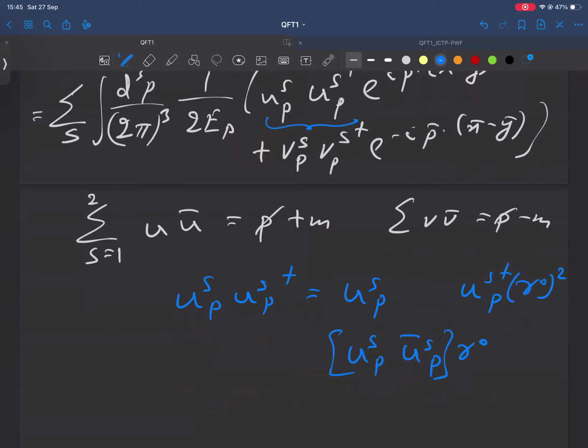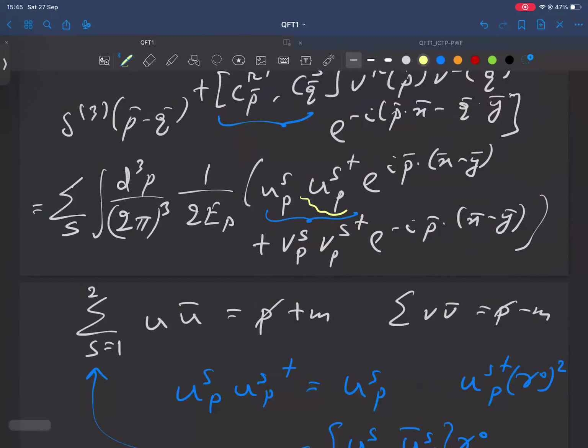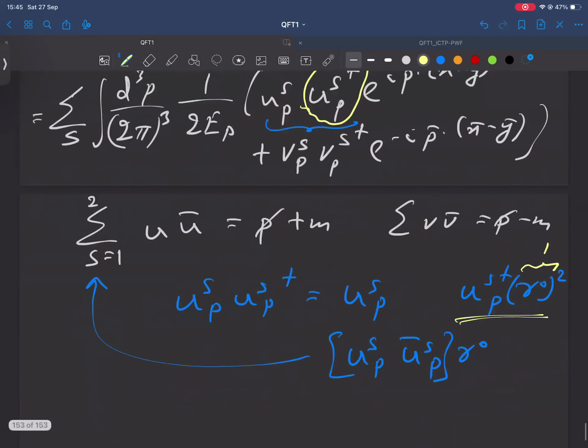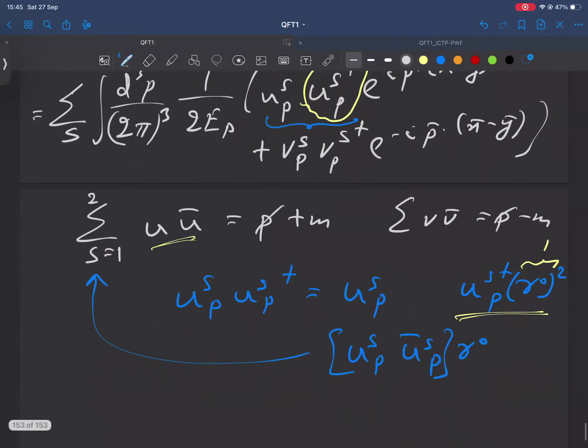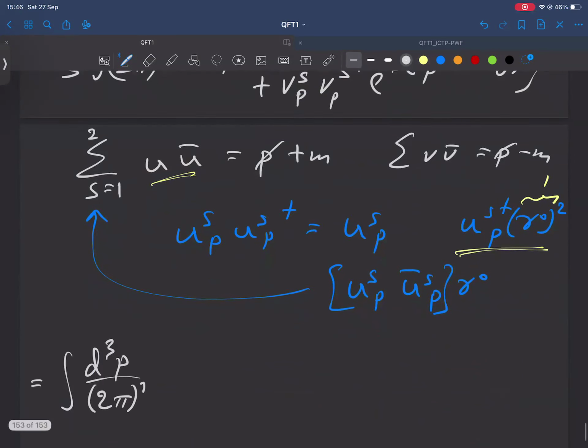And now here you can use these spin sums, okay? So you can go from a Hermitian conjugate to a Dirac conjugate, recall, by multiplying a gamma 0 and using that gamma 0 square is identity. So if you do that, you can write this as U bar and then use the spin sum that we said, something that we won't prove. And with that, you can write this whole thing as this, okay?